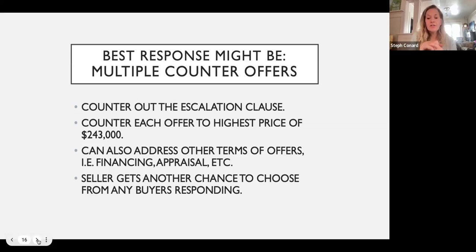If the buyers all end up accepting the multiple counter offer that the sellers came back with, then all three of those come back to a seller, and now a seller gets to choose which one they like best. So it really is nice for your sellers to use a multiple counter offer, and it just cleans it up. I think that's why we push that. There is no confusion.